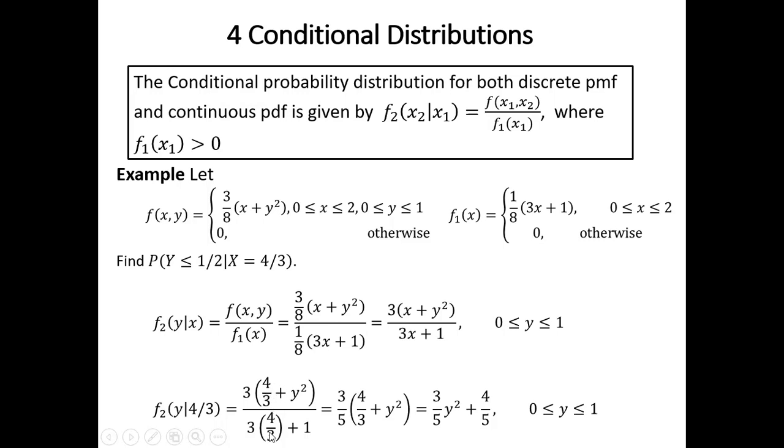Then we do the algebra. You can see 3's cancel. We end up with 3/5 times 4/3 plus y squared. A little bit of algebra getting to this point, and we can take this one more step and think of this as 3/5 y squared plus 4/5. The bounds on y, our y goes from 0 to 1, and that comes from the original. So that's the second step.